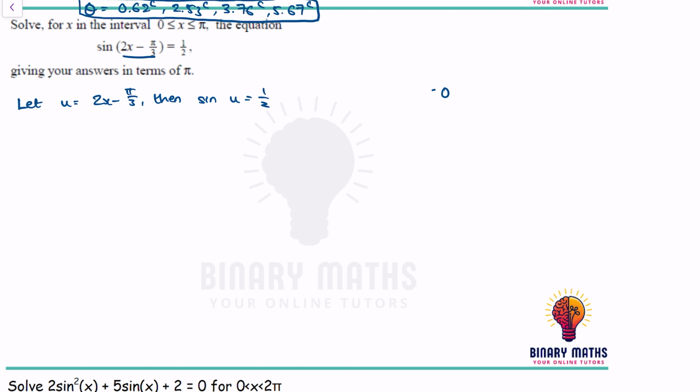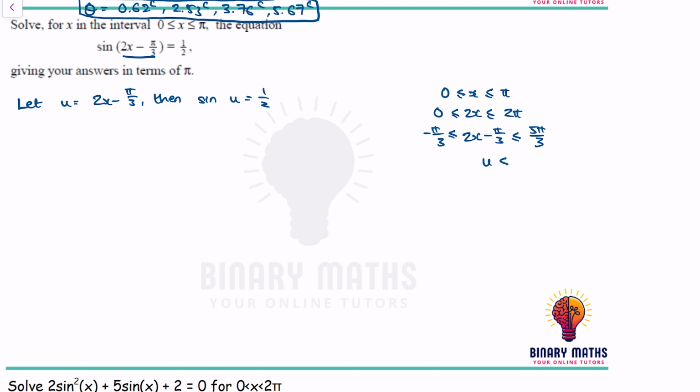0 is less than x, which is less than or equal to pi. So if I multiply by 2, I get 2x is between 0 and 2 pi. And 2x minus pi over 3 will be between minus pi over 3 and 2 pi take away pi over 3, which is 5 pi over 3.